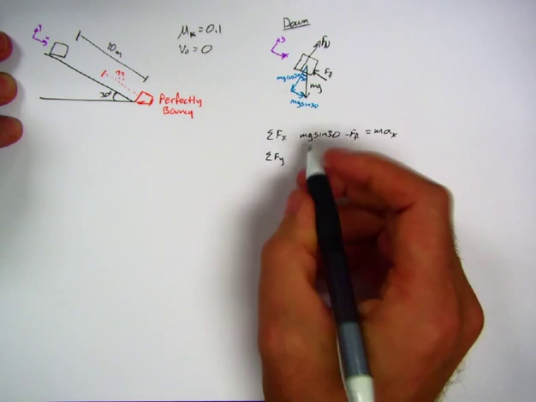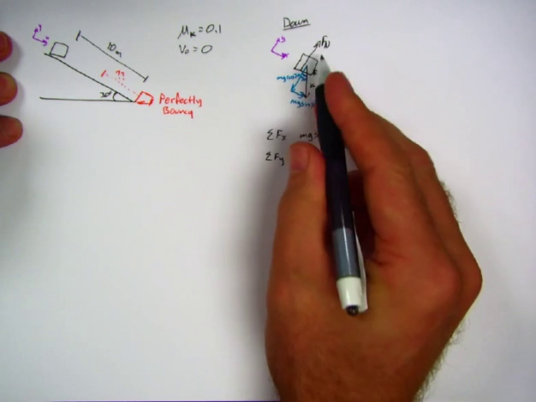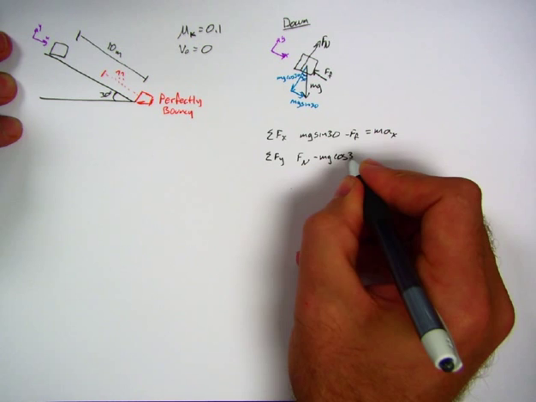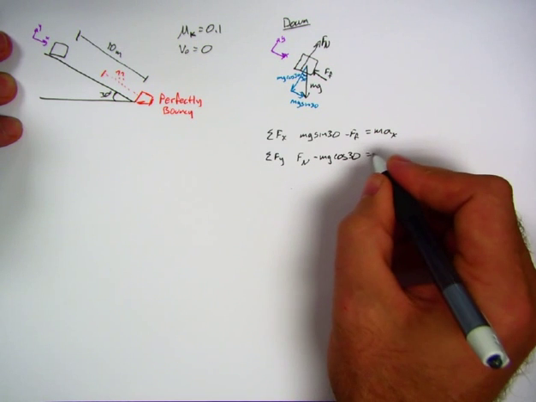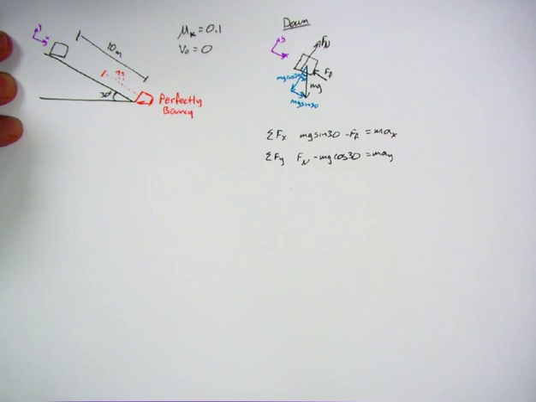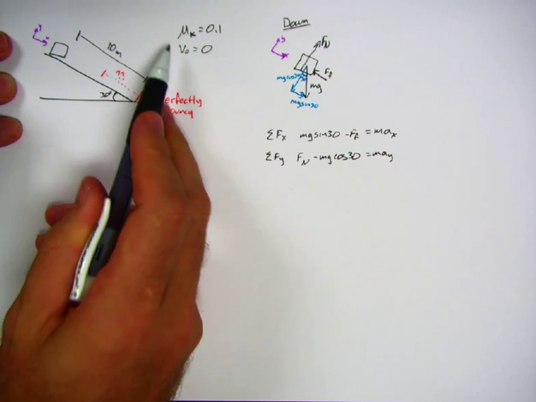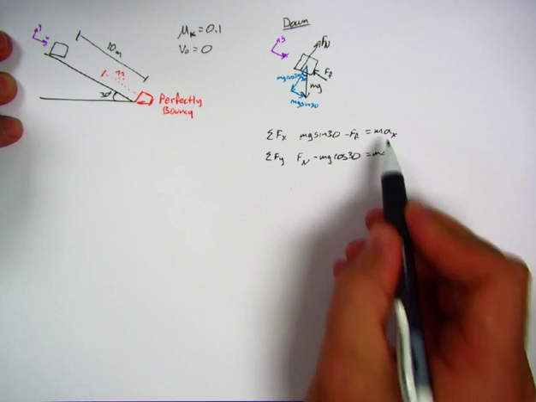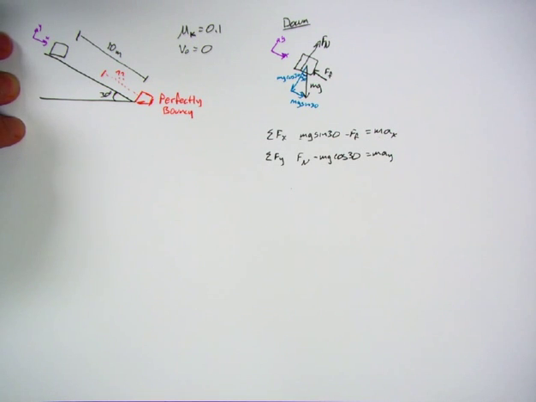In the y direction, I have an F normal, and I've got a minus mg cosine 30, and that's going to equal mass times acceleration in the y direction. So there's my two equations. Notice that I didn't give us any mass. I don't know the mass, so I just have to carry these m terms around until hopefully they cancel out or it becomes unnecessary for us to know.